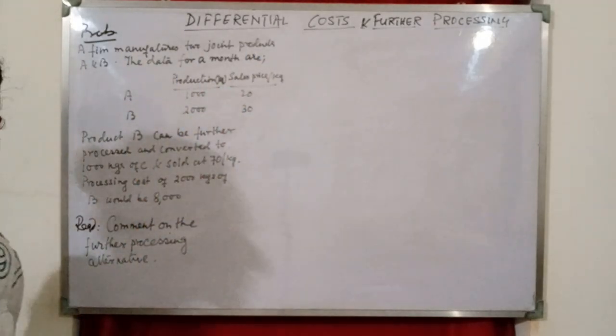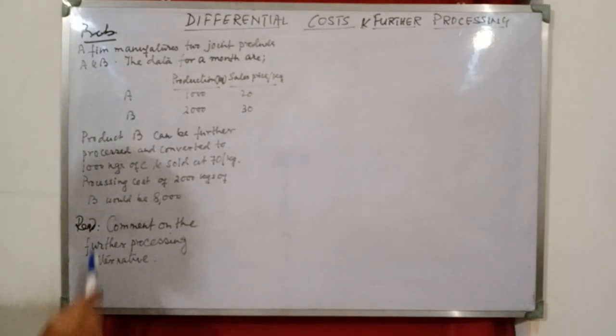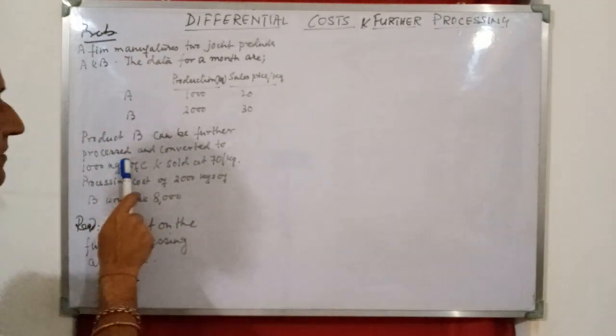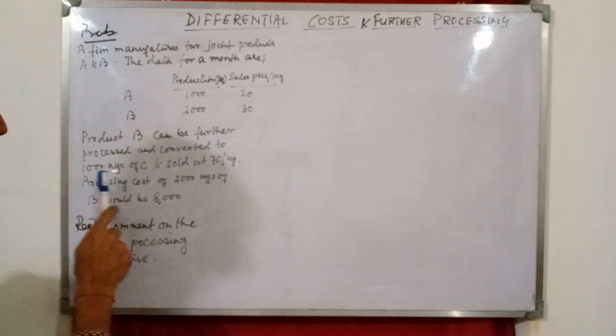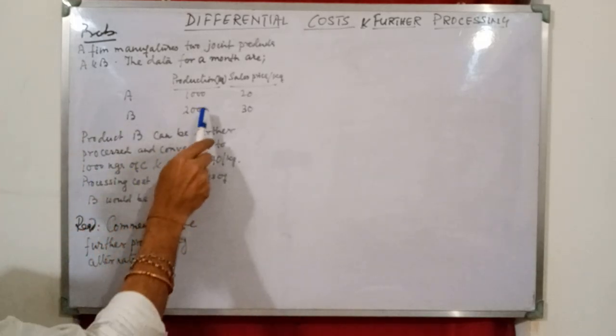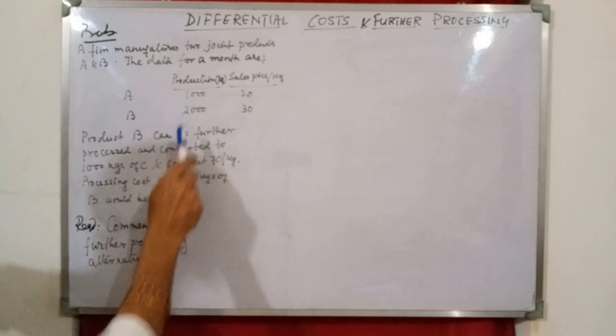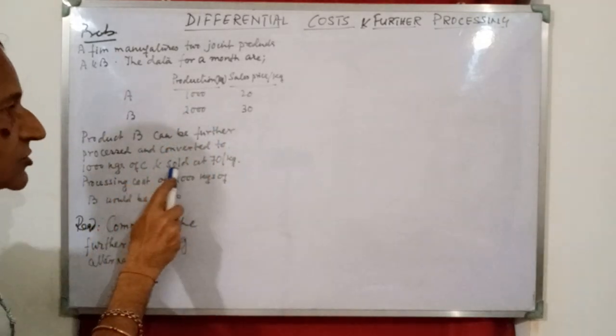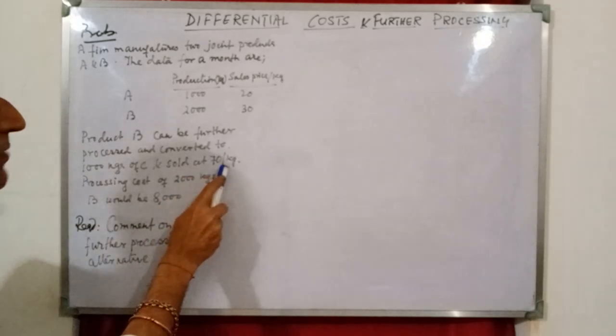Now there is a proposal. What is the proposal? The proposal is that product B can be further processed and converted to 1000 kgs of C. That is, 2000 kgs of product B can be converted into 1000 kgs of C and sold at 70 per kg.